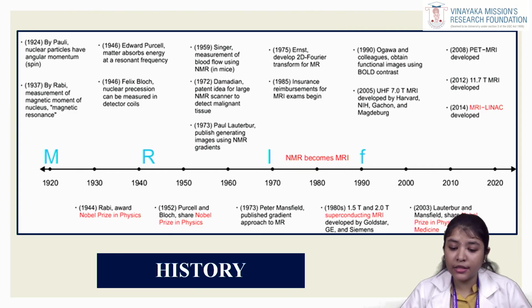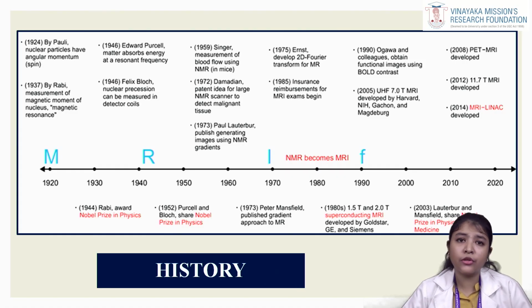And in 1990 Ogawa and Co. obtained a functional image using BOLD contrast. BOLD contrast is nothing but blood oxygenation level dependent contrast, which is used to find the activities occurring in the brain.